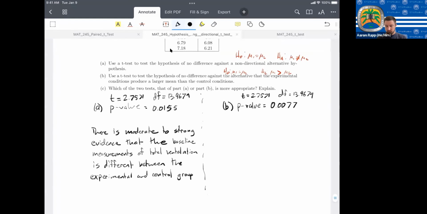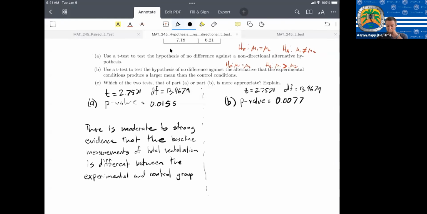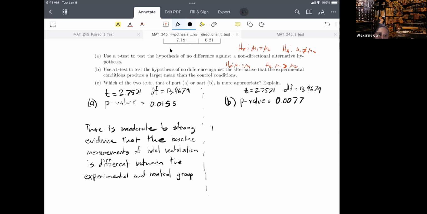Zoom out a little bit. What about for the directional alternative hypothesis? We got a p-value of 0.0077. What would we conclude there? That there's strong evidence.